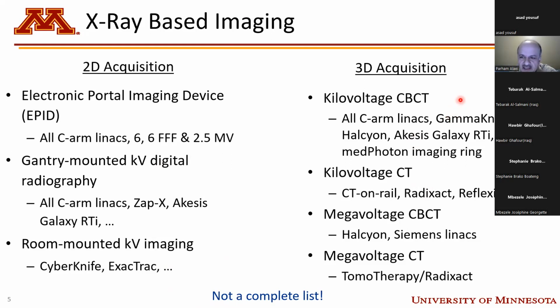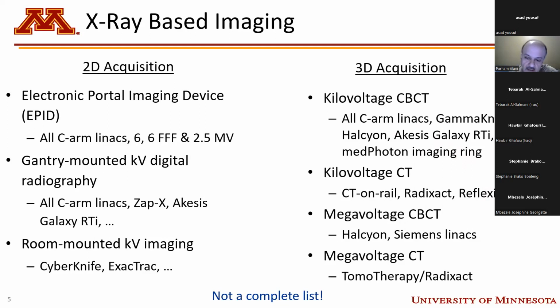All the linacs have it, Gamma Knife Icon, Varian Halcyon, and some other specialty units have those. Kilovoltage CT, CT on rails, has been around for a while. There is RadiXact, which is the newer tomotherapy unit, and it does have kilovoltage CT. The latest entry is RefleXion, which is PET-guided therapy, and that utilizes kilovoltage CT.